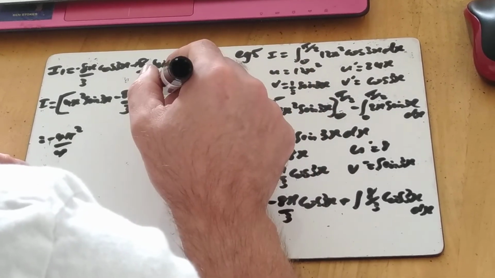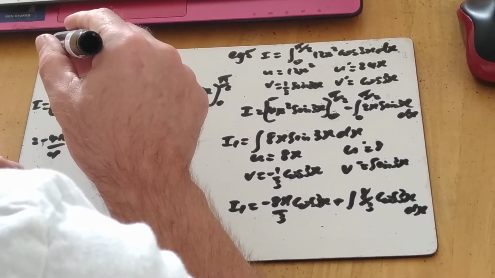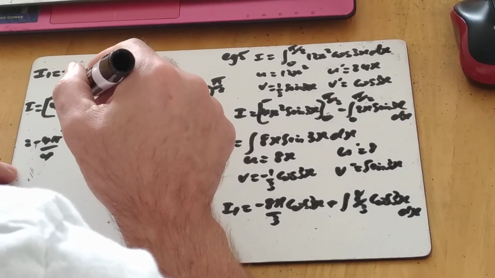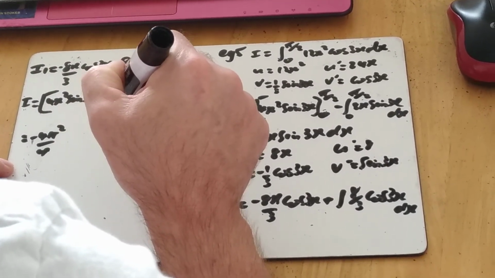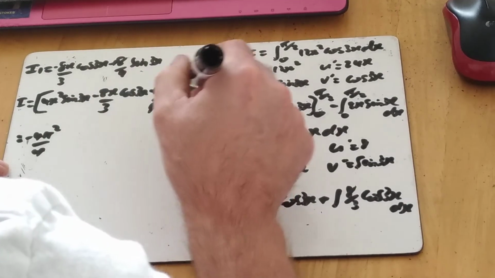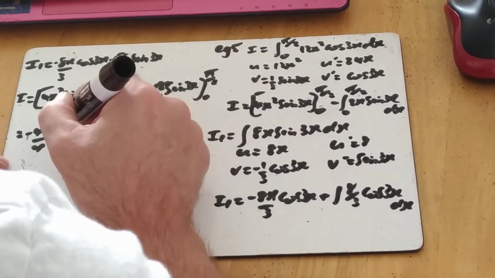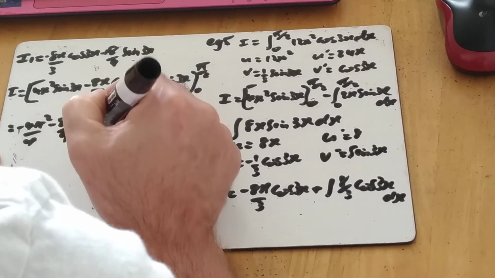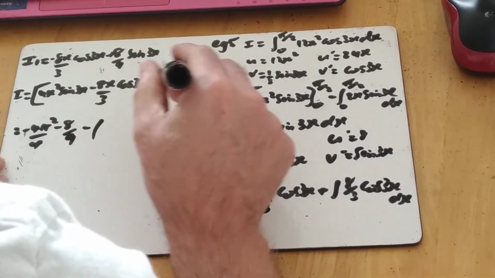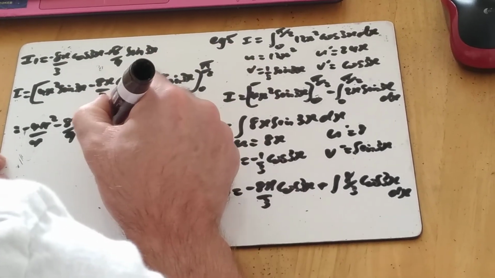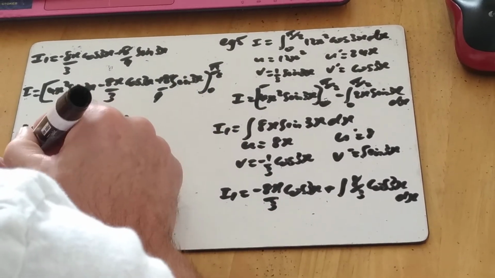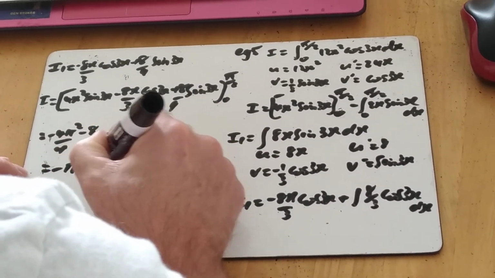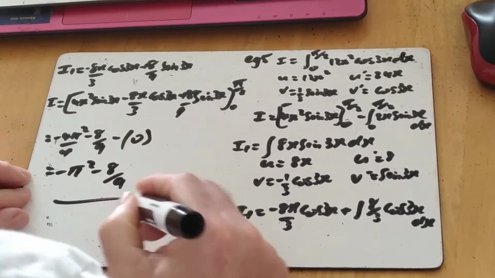Pi over 2, 3 pi over 2, 270, cos is 0, and then pi over 2, 3 pi over 2 is still minus 9, so I get minus 8 over 9. And then minus what happens when I put 0 in, 0, 0, and sine 0 is 0 there. So I end up with minus pi squared minus 8 over 9 with that mess there.